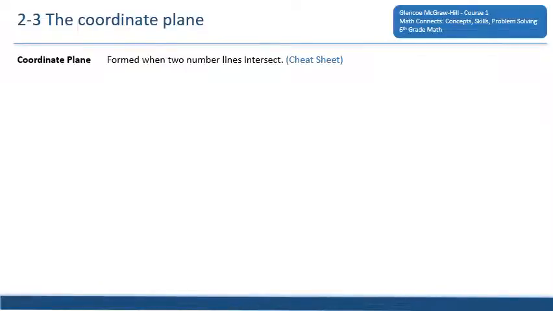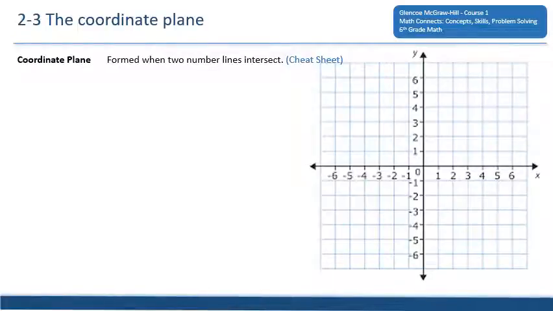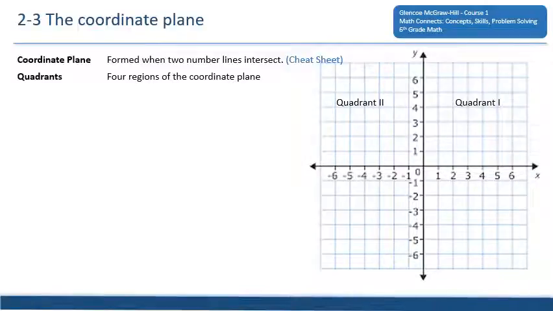Coordinate plane: formed when 2 number lines intersect. So that's a coordinate plane, and 2 number lines intersect at 0. Quadrants: 4 regions of the coordinate plane. Quadrant 1, Quadrant 2, Quadrant 3, Quadrant 4.